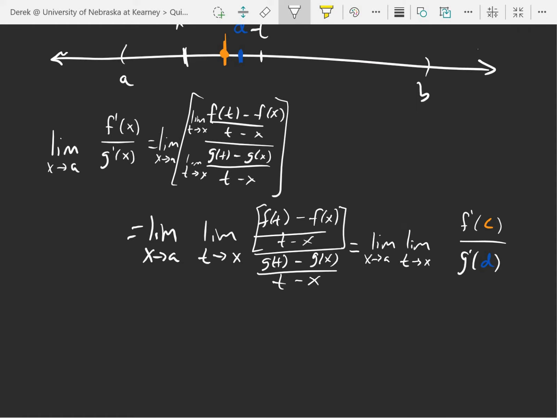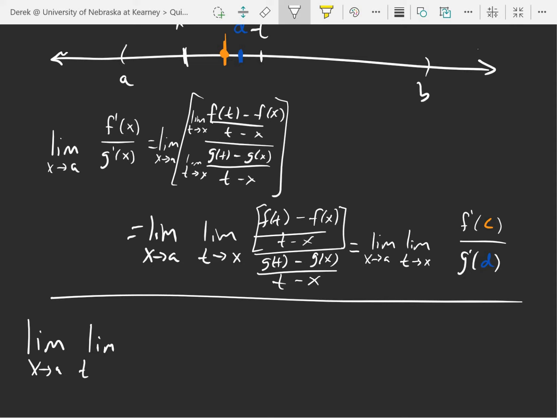And then let's look at this left hand side, and now let's cancel things out a little bit. So we're going to rewrite this line. We've got the limit as x goes to a and t goes to x of f of t minus f of x over g of t minus g of x.